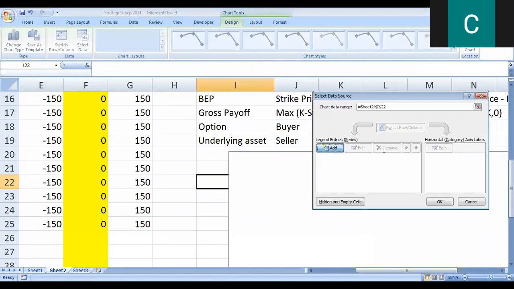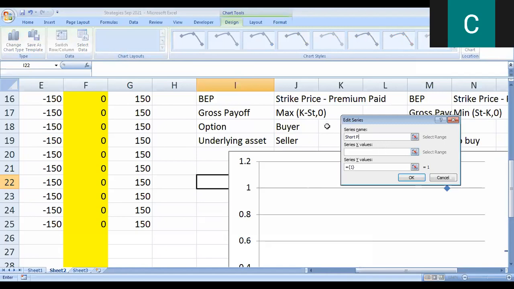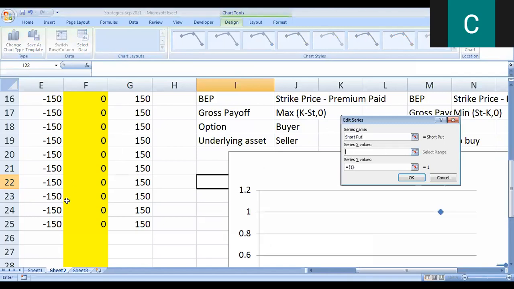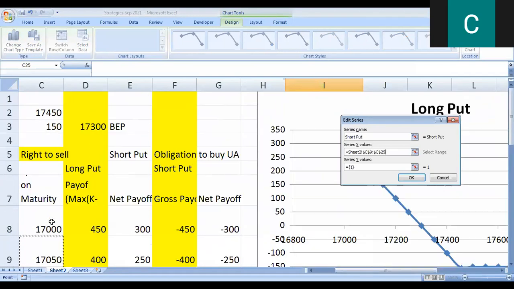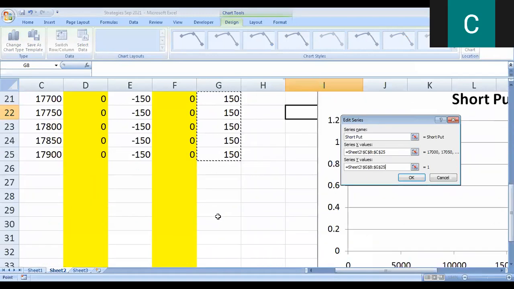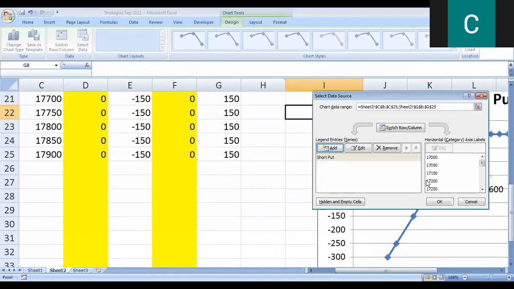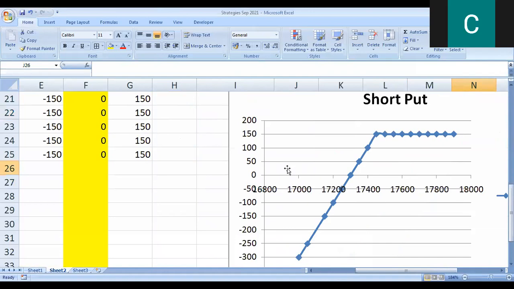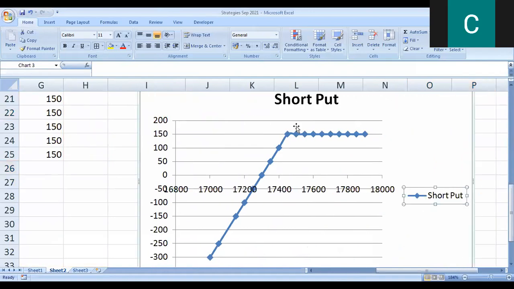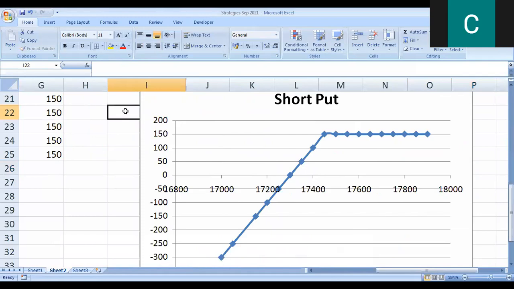So for the short put position, with spot price at maturity on the x-axis and net payoff on the y-axis, this is how it looks. Is it okay?